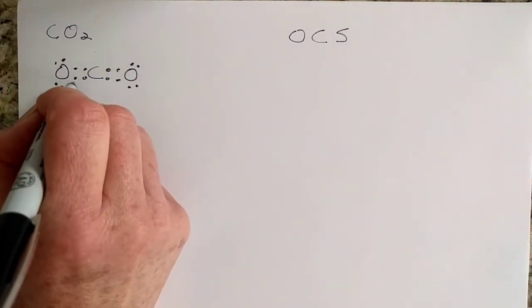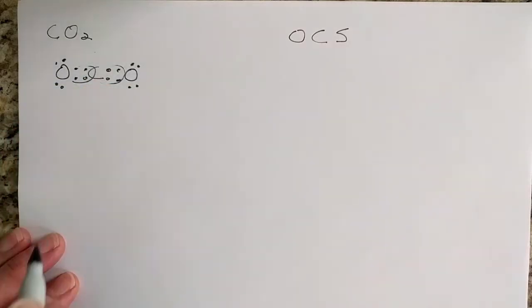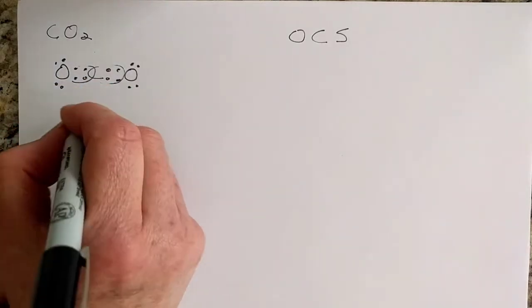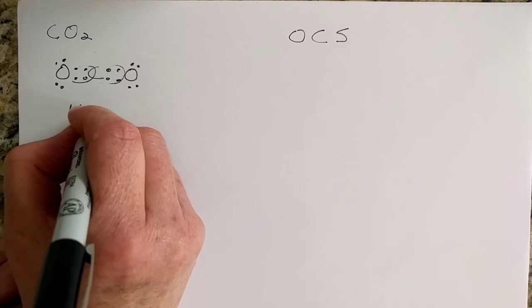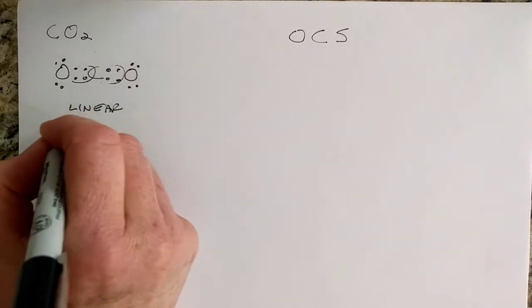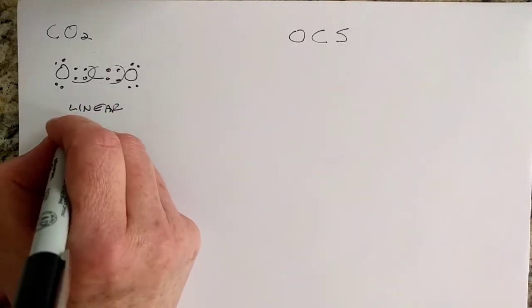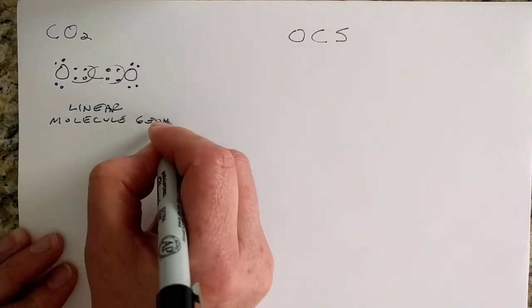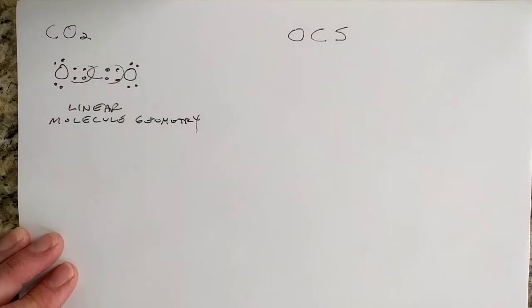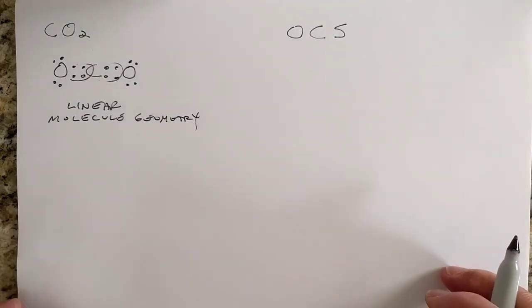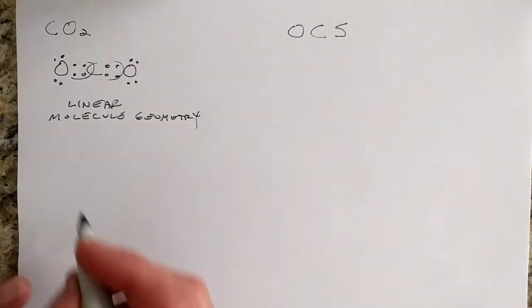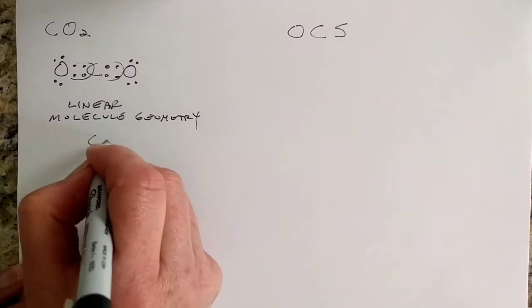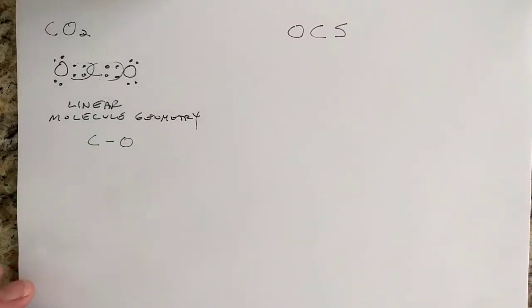Okay, we have 2 electron sets. So our geometry is linear, molecule geometry as well as electron set geometry. All right, and now we're going to evaluate the bond polarity. So we have to look at the carbon-oxygen bond.